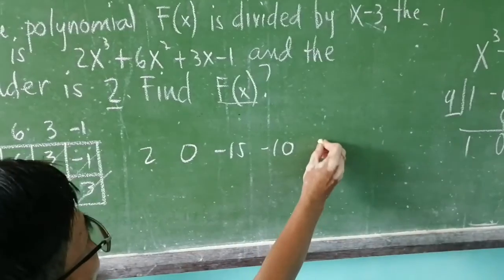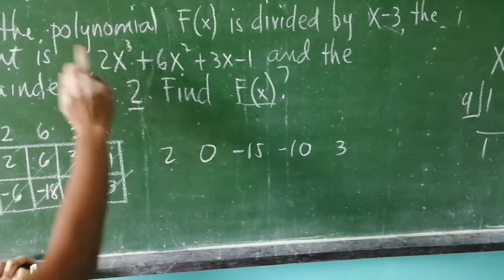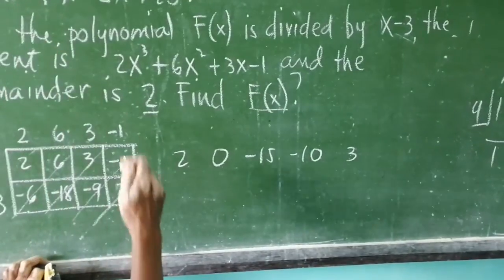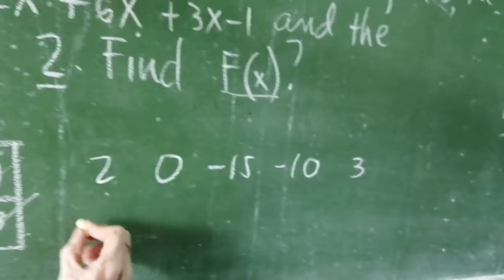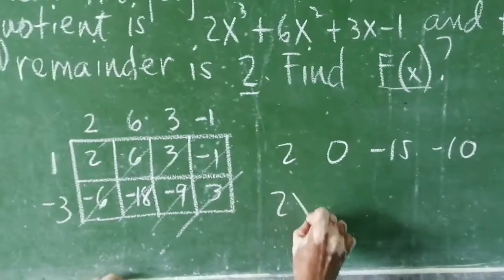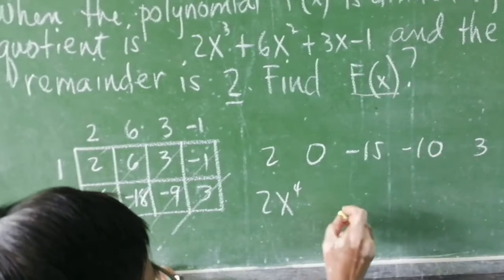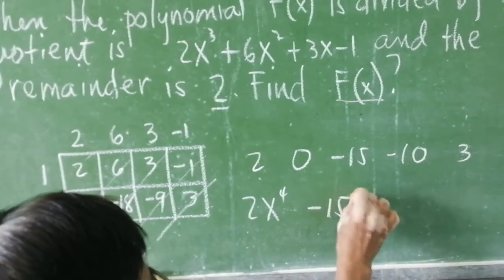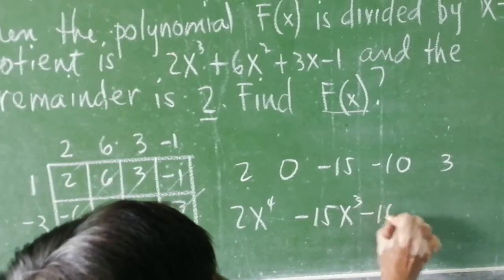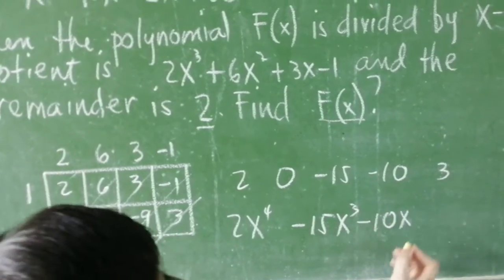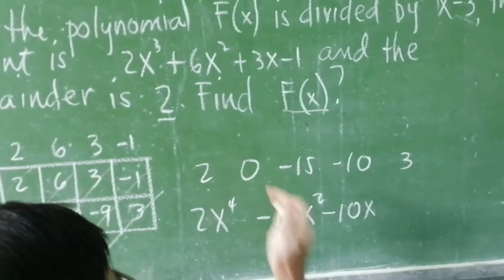And 3. So therefore, you add 1 for the power here because of this x minus 3 there. So it will be 2x to the 4th. So there is no cube. Minus 15x cubed, minus 10x. Oops, I see this should be square because there is no cube.